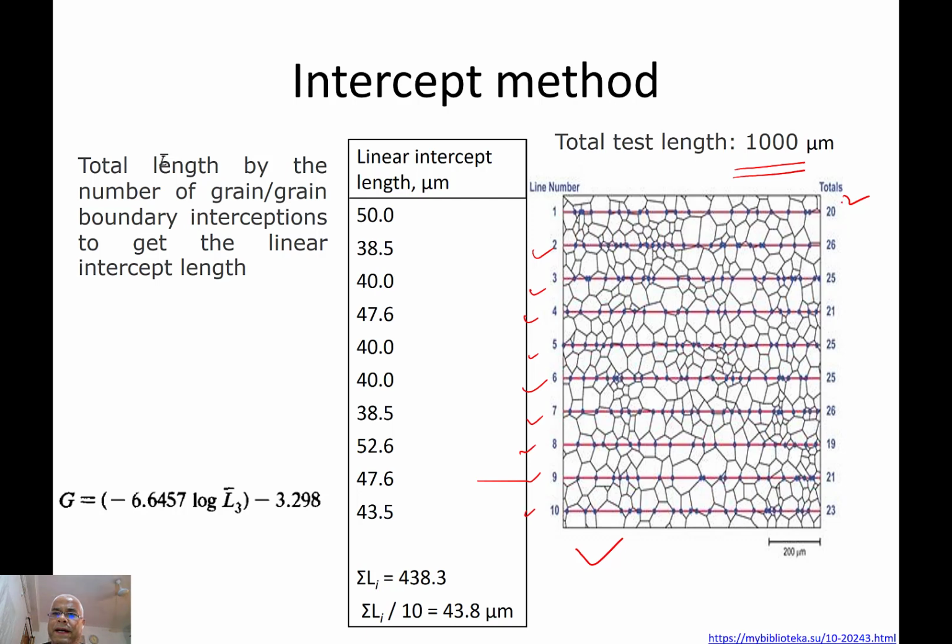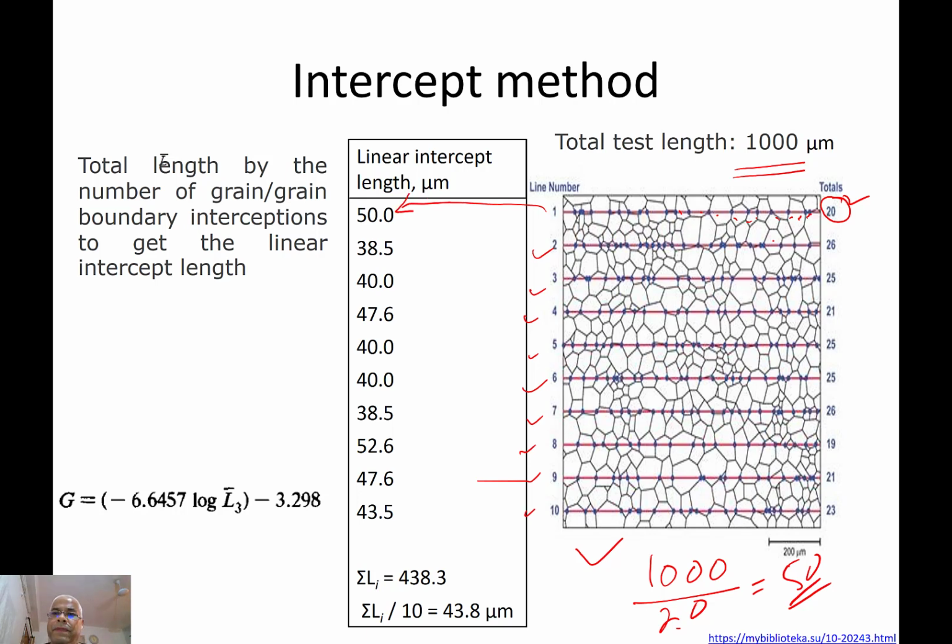We see how many grains intercept a particular line, and those intercepts are counted, 1, 2, 3, up to 10. Say line 1 has 20 intercepts. To quantify the average intercept length, since there are 20 intercepts on a line of 1000 micrometer, the average intercept length will be 50 micrometer.